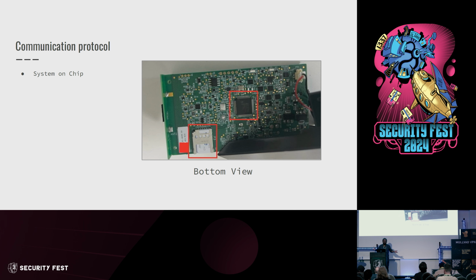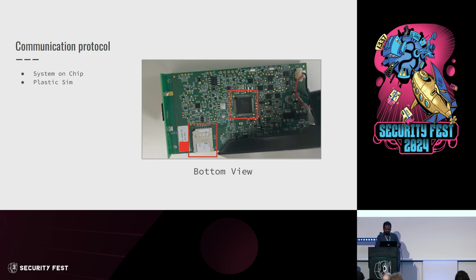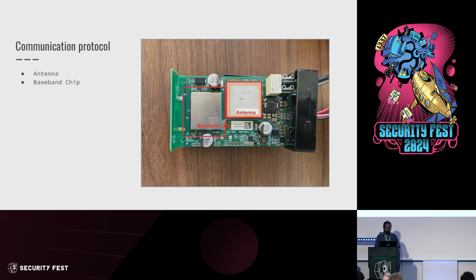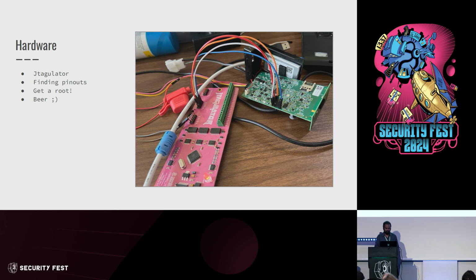Since there's a plastic SIM, we remove it, add our own plastic SIM, and try to connect it to the internet, and then we just do the Wireshark analysis, which I just showed right now. Now, since it has the UART connector and all of the debugging pins out there, I use JTAGulator.